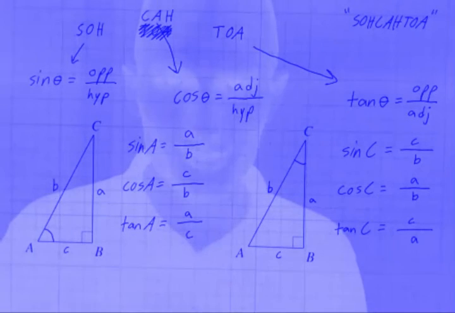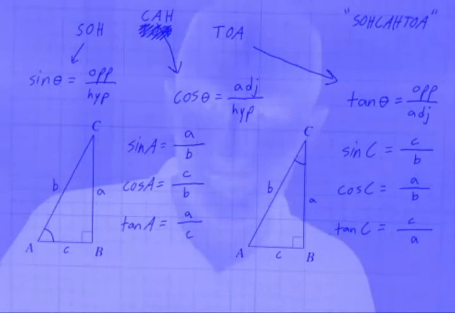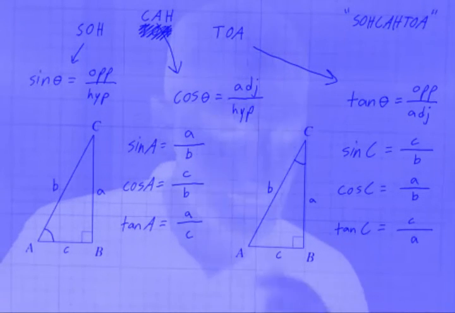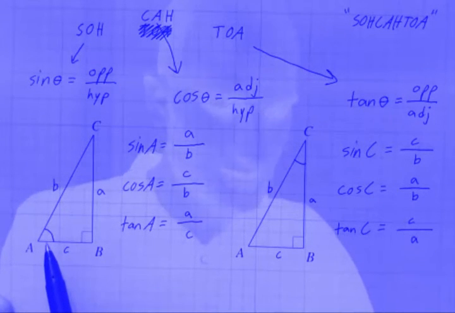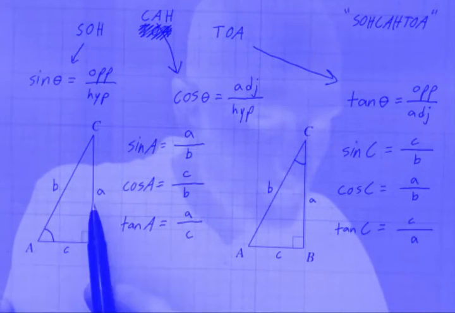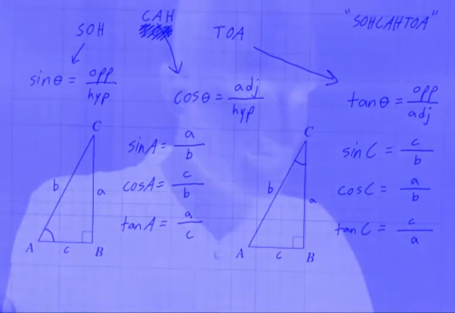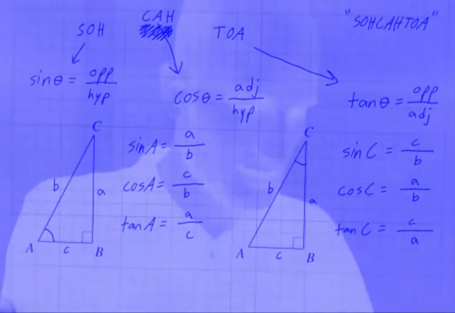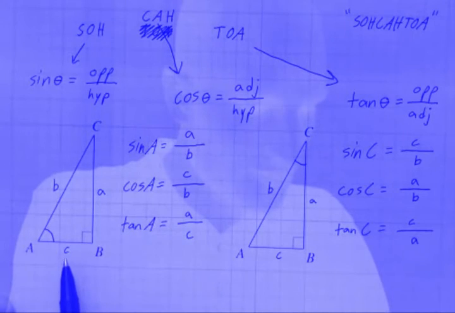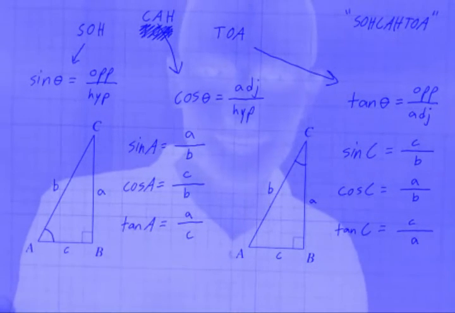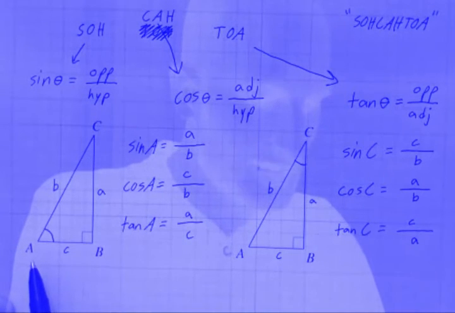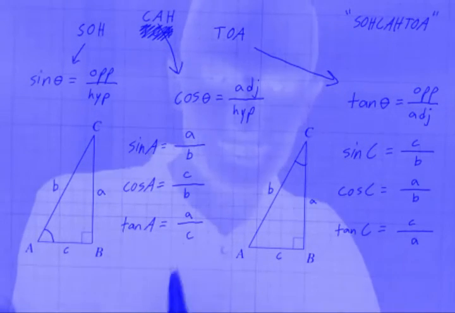Right? So before we do the actual example with numbers, let's review this really fast. Here we found the sine, cosine, and tangent of A. Sine is opposite over hypotenuse, A over B, right? Cosine is adjacent over hypotenuse, C over B. And the tangent is opposite over adjacent, A over C. Boom.